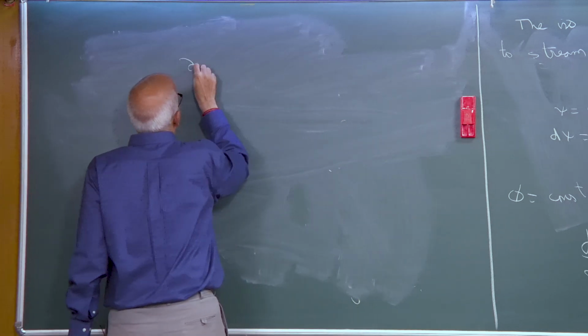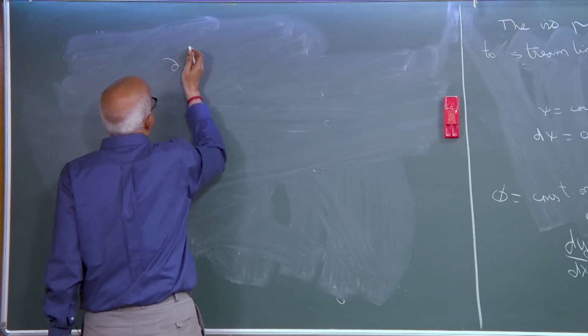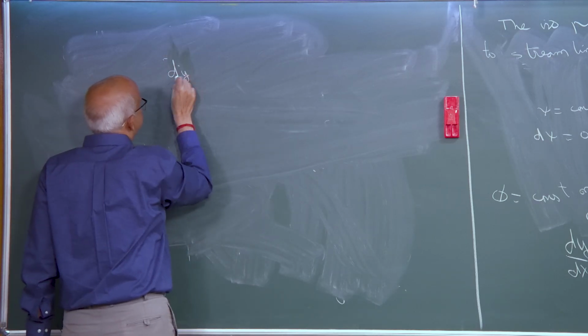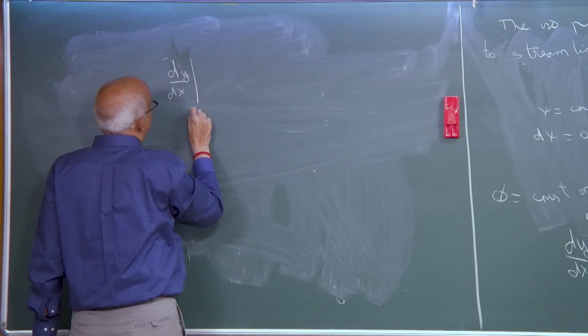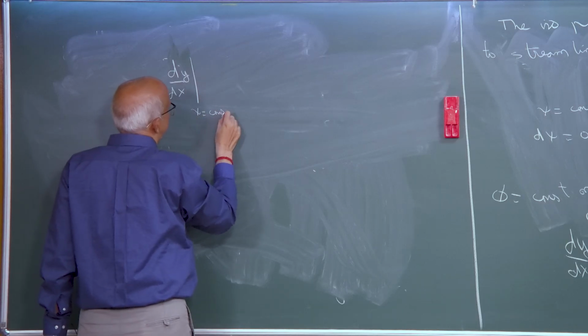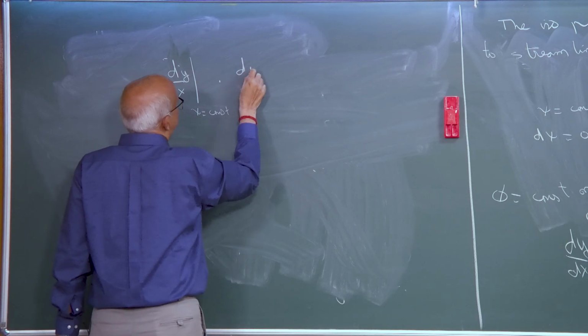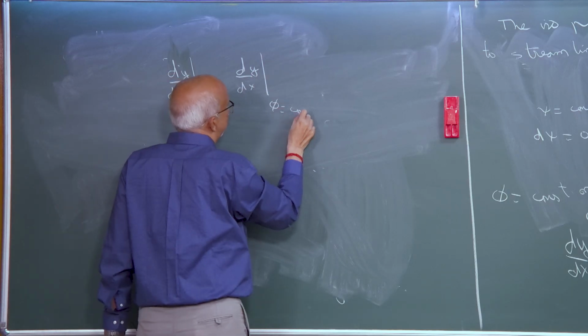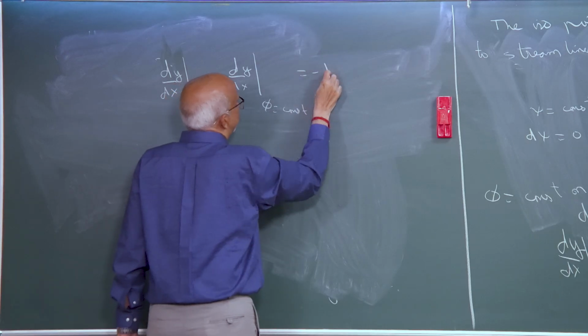So, dy by dx where psi equals constant multiplied by dy by dx where phi equals constant equals minus 1.